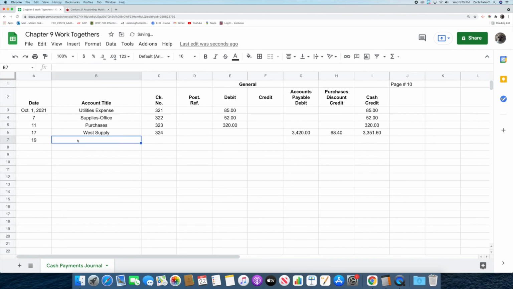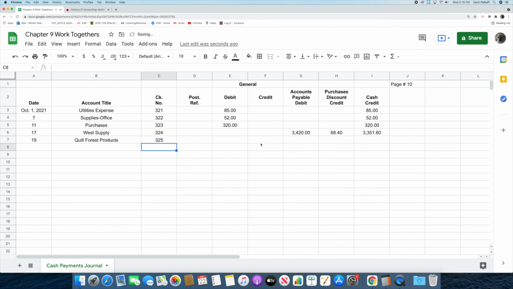Next, we're going to put in the account title, which is Quill Forest Products, in the account title column. After that, we're going to put in the check number, which is 325, in the check number column.